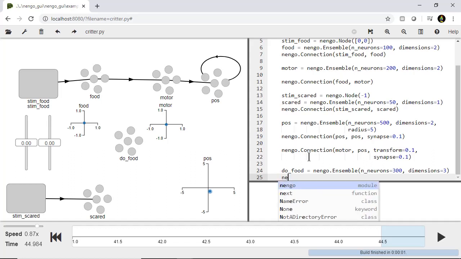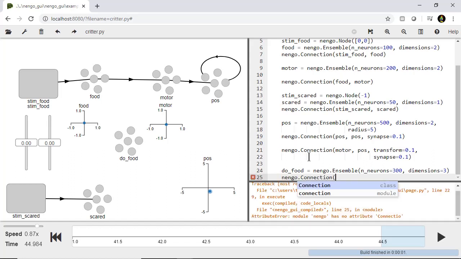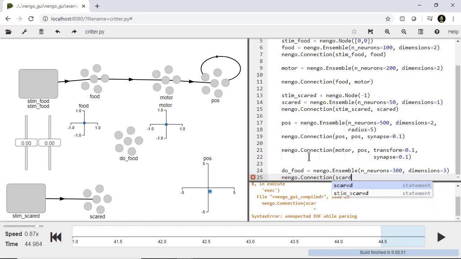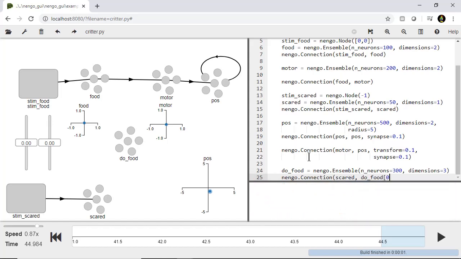So we're just going to use those. I'm going to make a connection from scared to do food 0. Okay, so that's saying of the 3 dimensions in do food, the first one is being affected by what's in scared.